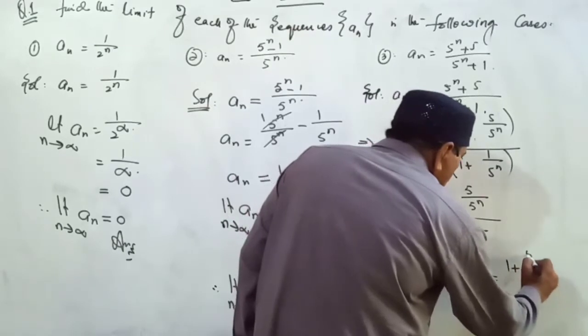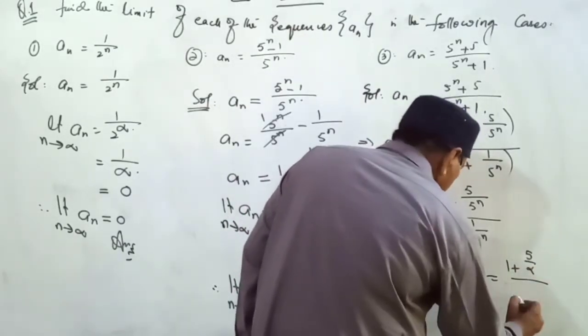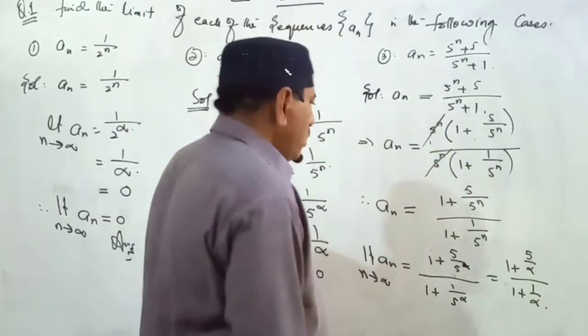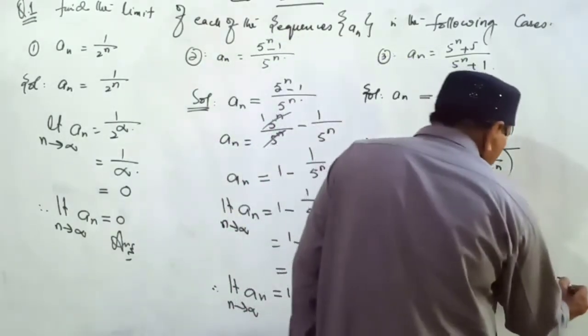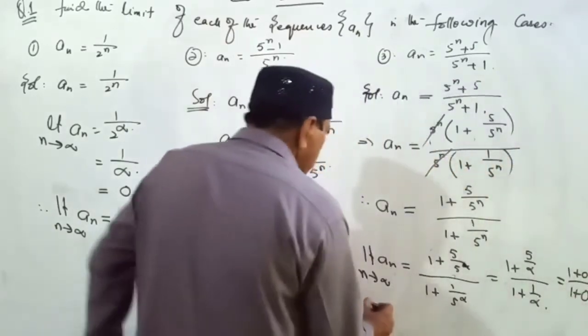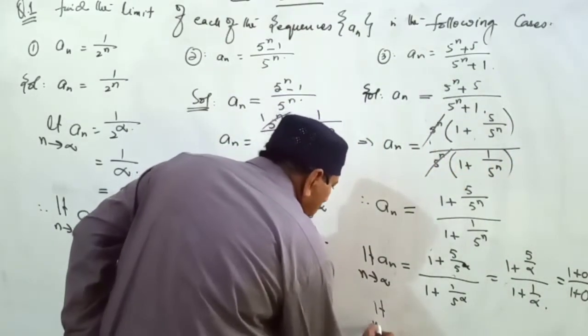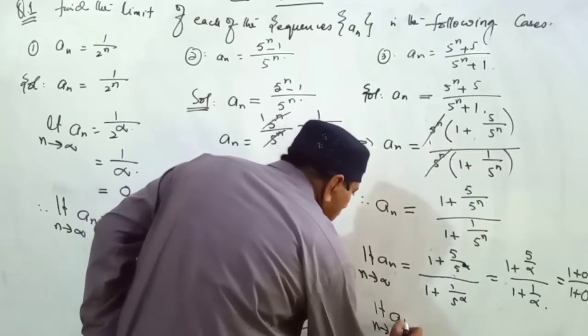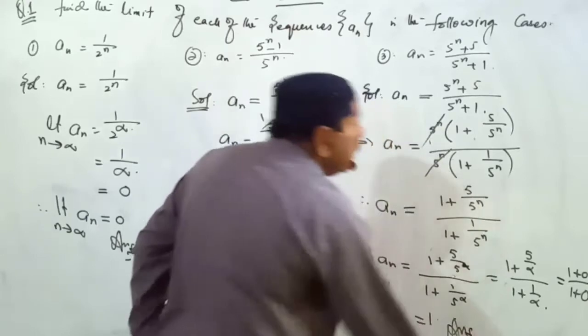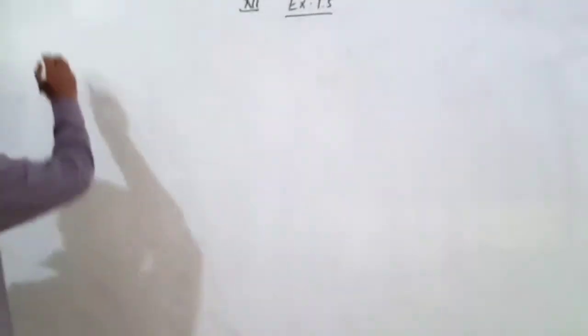That is 1 plus 5 upon infinity, and similarly 1 plus 1 upon infinity. In both conditions, the result is 0. 1 plus 0 upon 1 plus 0, the result is 1. Therefore, limit n tends to infinity a n is equal to 1. This is the answer.